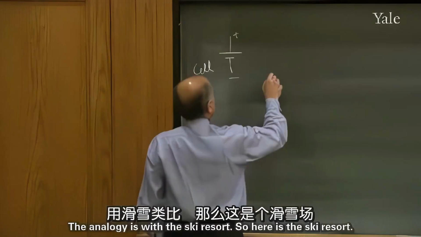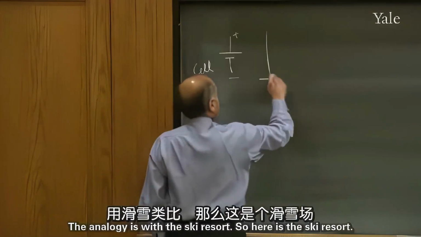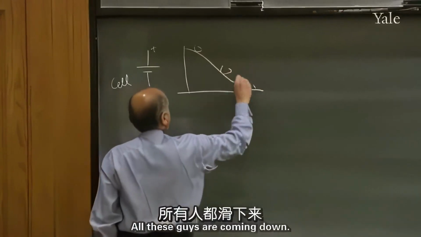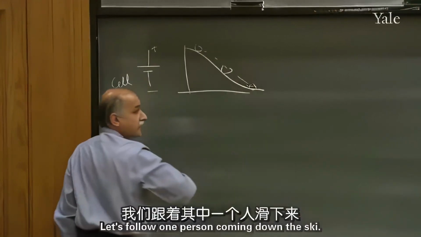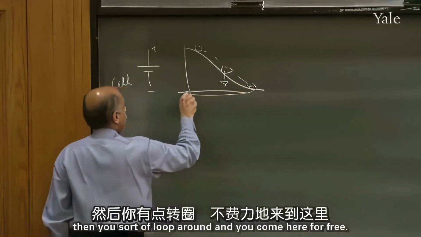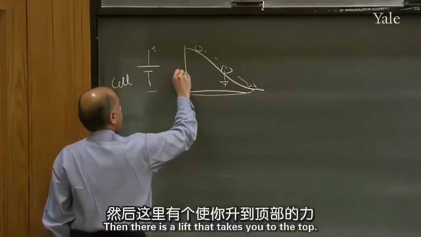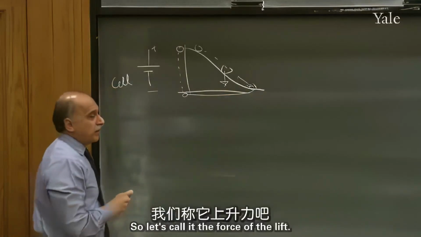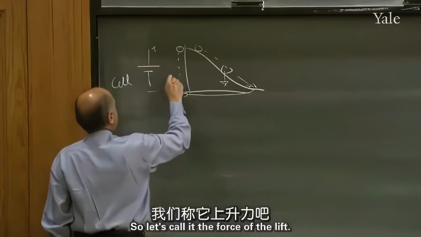The analogy is with the ski resort. So here's the ski resort. All these guys are coming down. Let's follow one person coming down the ski. Gravity is acting down here. Then you sort of loop around and you come here for free. Then there is a lift that takes you to the top. So let's call it the force of the lift.